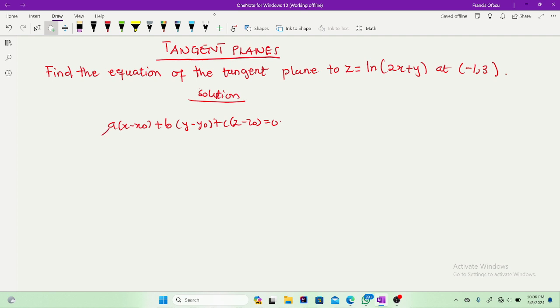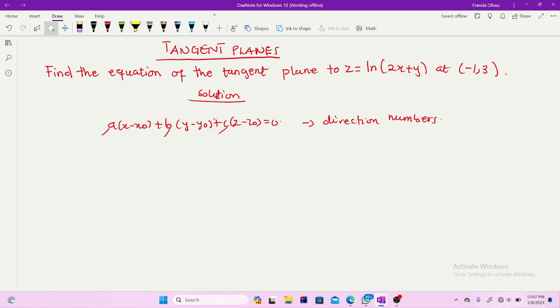Your a, b, and c are what we call the direction numbers. So it gives the direction of our plane. Before you find the equation of a plane, you need at least a point and a direction, which is the normal vector.